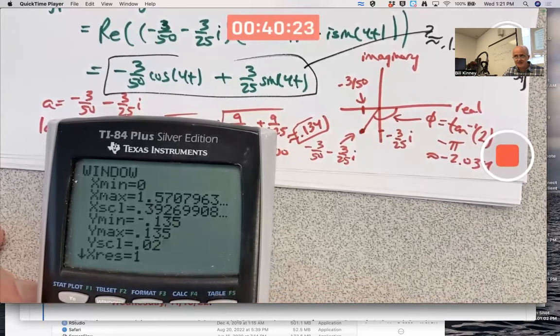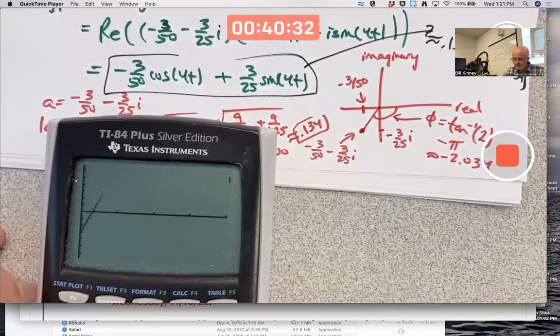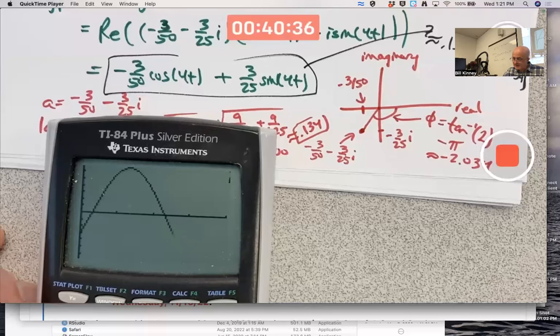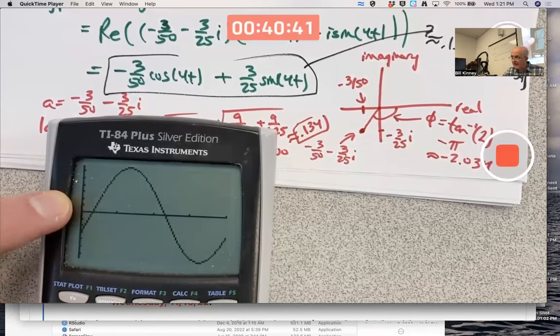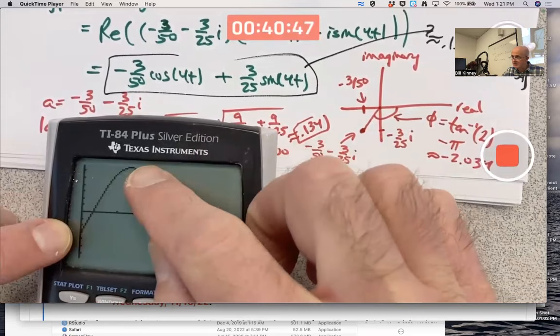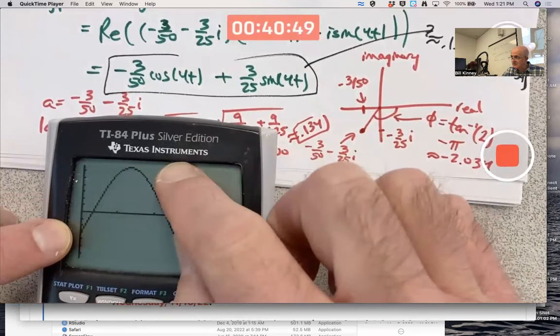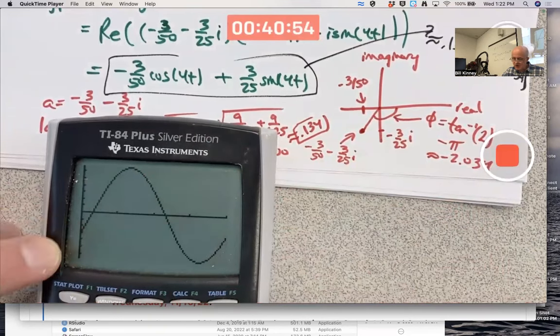So this kind of cosine graph should fill up the screen here. It's a sinusoidal graph. It's not a pure cosine or a pure sine because it's not starting at the highest point or at 0. It's a cosine wave shifted to the right by a certain amount. There's a horizontal translation. Where does that maximum occur? Let's calculate it.